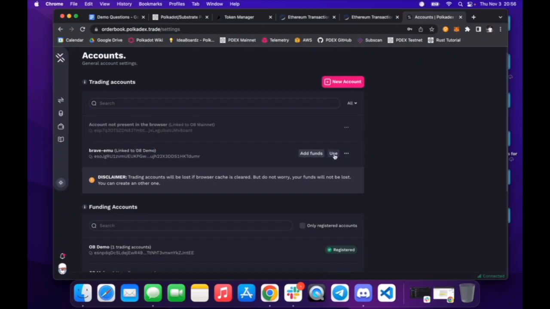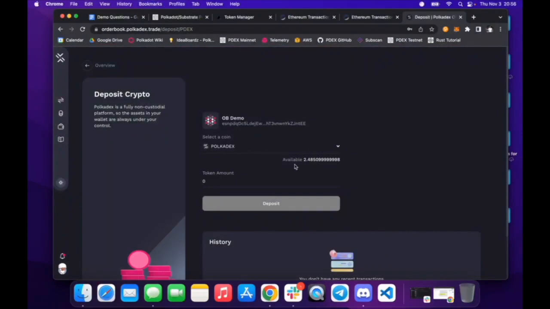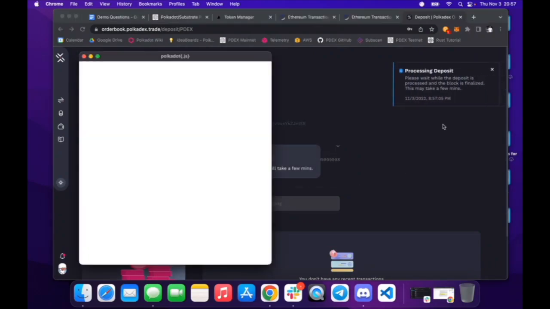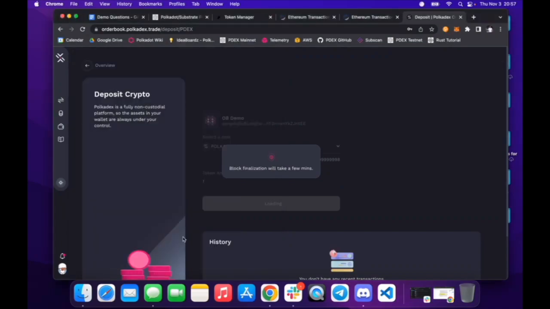So I'm going to click on add some funds, and I go to deposit, and that is going to show me the available balance that I can deposit to this trading account. Let's say I want to deposit 1 PDEX. Deposit. I've just signed the transaction. It'll take about 20-25 seconds to finish the deposit.